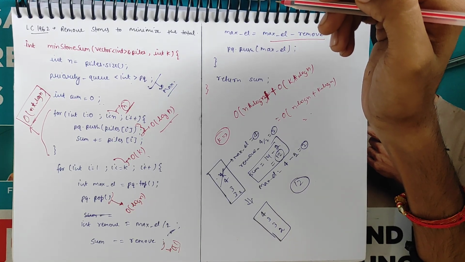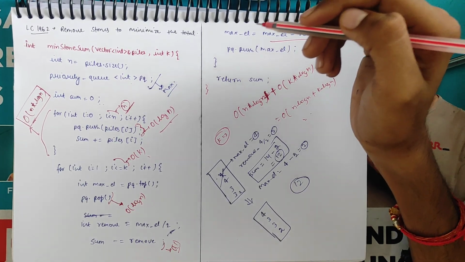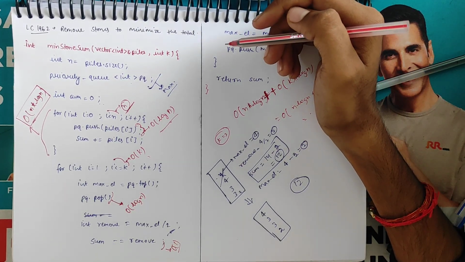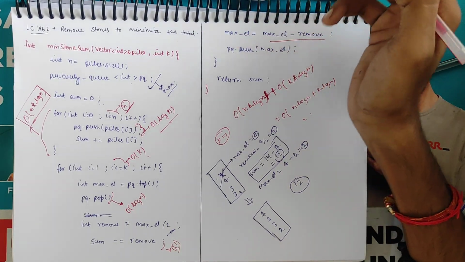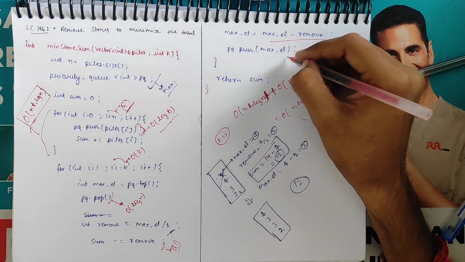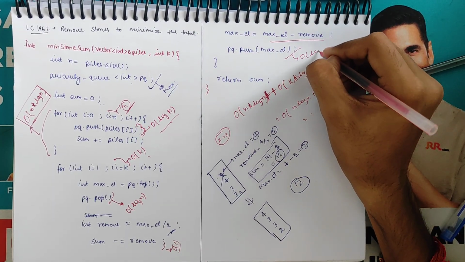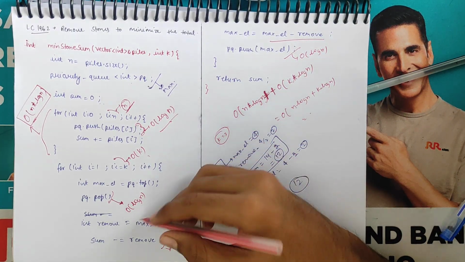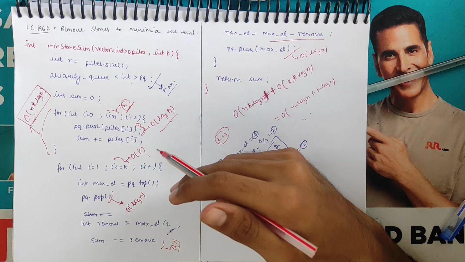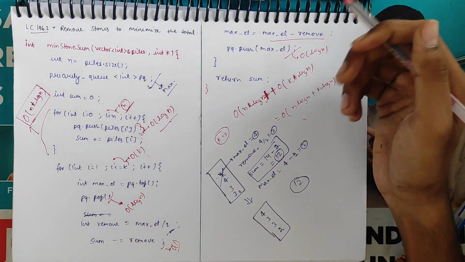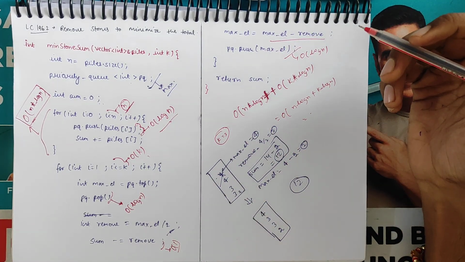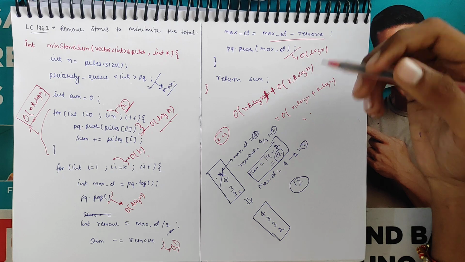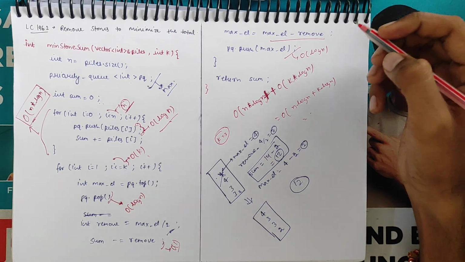Big O of log n. Oh, this is also big O of log n. But it doesn't matter, even big O of log n and big O of log n won't increase the value much, it will be big O of log n itself.